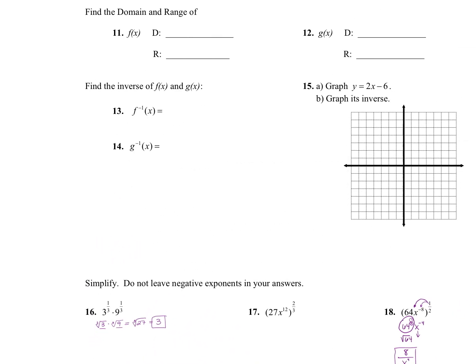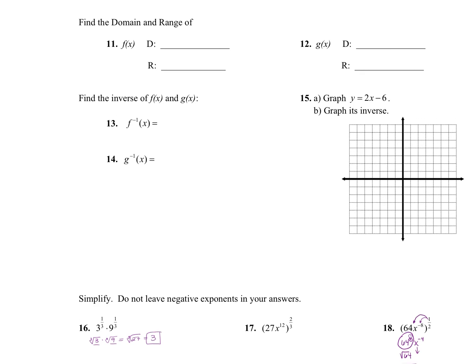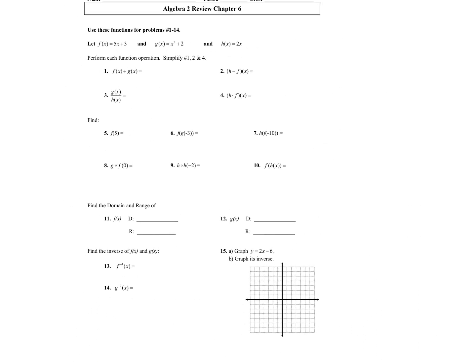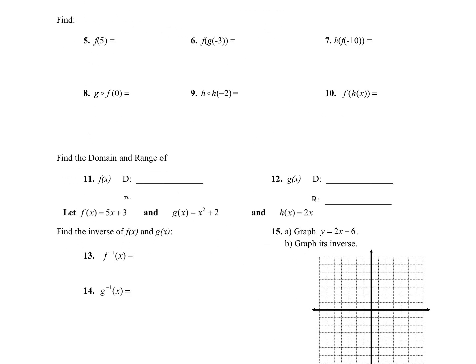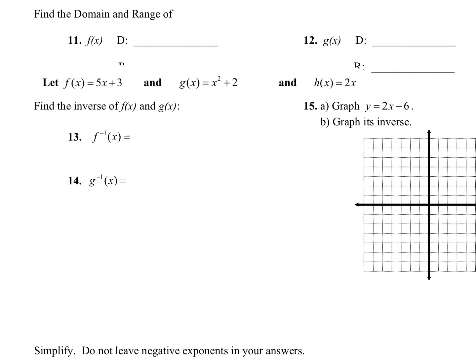Okay, let's do some inverses. 13 and 14. You are using these functions up at the top. I'm gonna pull them down here. Okay, so find the inverse of f of x, right?